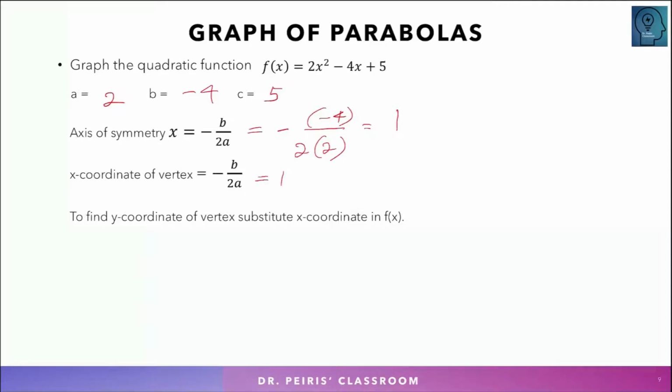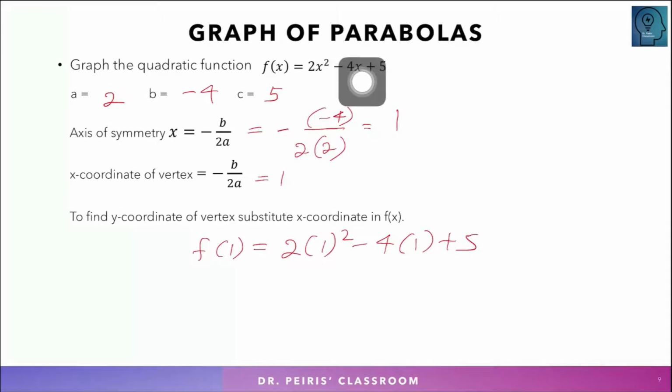Now to find the y-coordinate of the vertex, we substitute 1 in the given equation: 2 times 1 squared minus 4 times 1 plus 5. So basically I found the x-coordinate of the vertex is equal to 1. To find the y-coordinate, this value must be substituted in the given quadratic function.